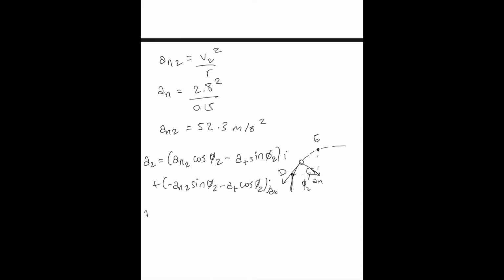So to calculate the total acceleration, we have AN2 cosine phi 2 minus AT sine phi 2 in the I direction, plus minus AN2 sine phi 2 minus AT cosine phi 2 in the J direction, and then we just plug in our known values.